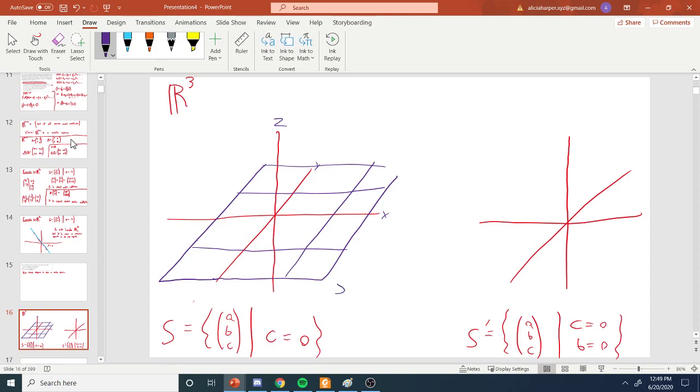This is S. Now, we can also visualize S prime. This is the set of vectors where both B and C are 0. So these vectors can only point in the x direction. So as a subspace, this is precisely the set of vectors that lie along the x-axis.